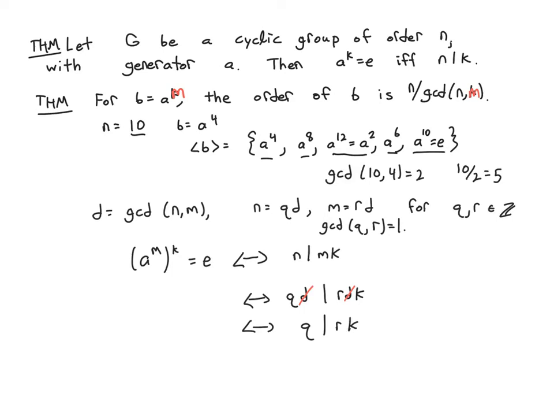Well, q and r have no common factors, so the only way q can divide r times k is if q divides k. That's a number theory result that you can try to prove. And so we see that the only powers k of a to the m that give you the identity are ones that are multiples of q.